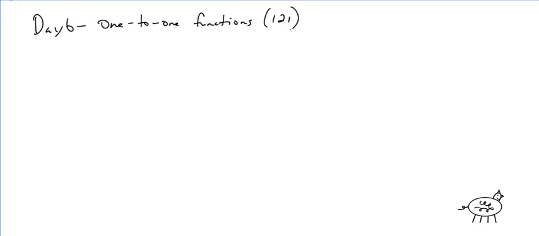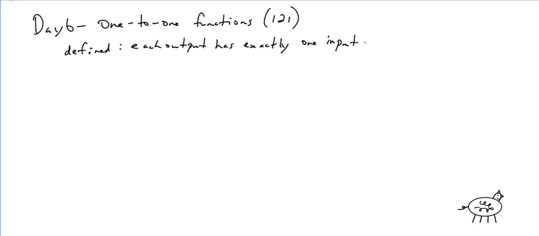So, all right, let's define one-to-one functions. It's basically each output has exactly one input. Each output has exactly one input.